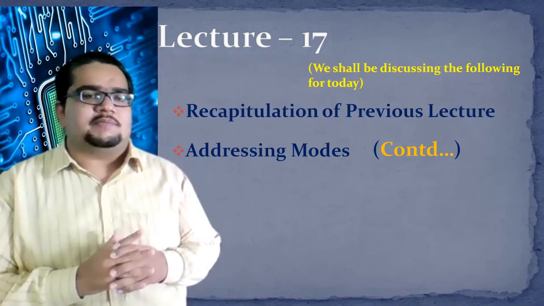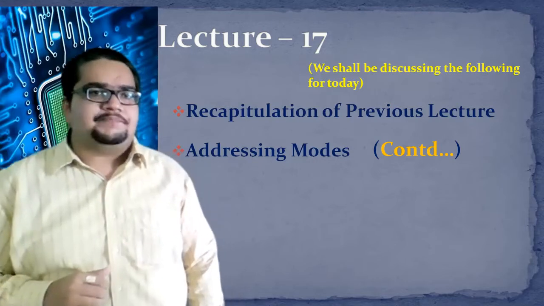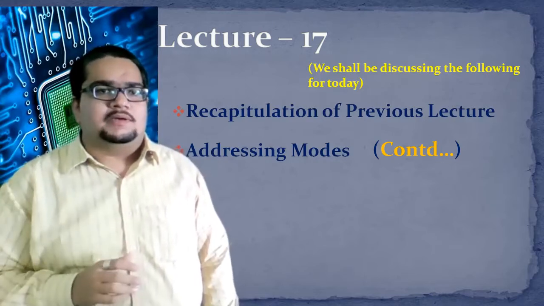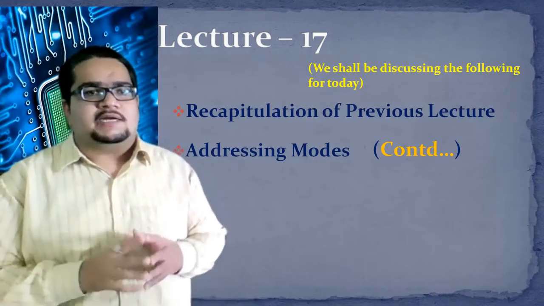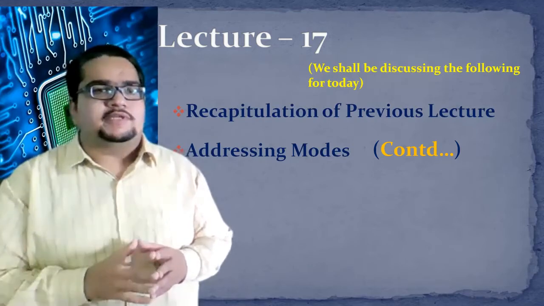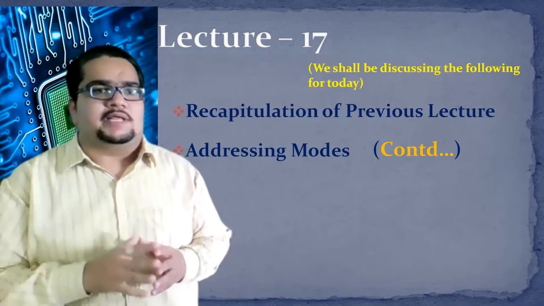You can understand this by analogy: somebody may call you by your name directly, and sometimes they may call you by your roll number. So direct addressing mode is calling you by your name, and indirect addressing mode is calling you by your roll number, because your roll number is associated with your name.